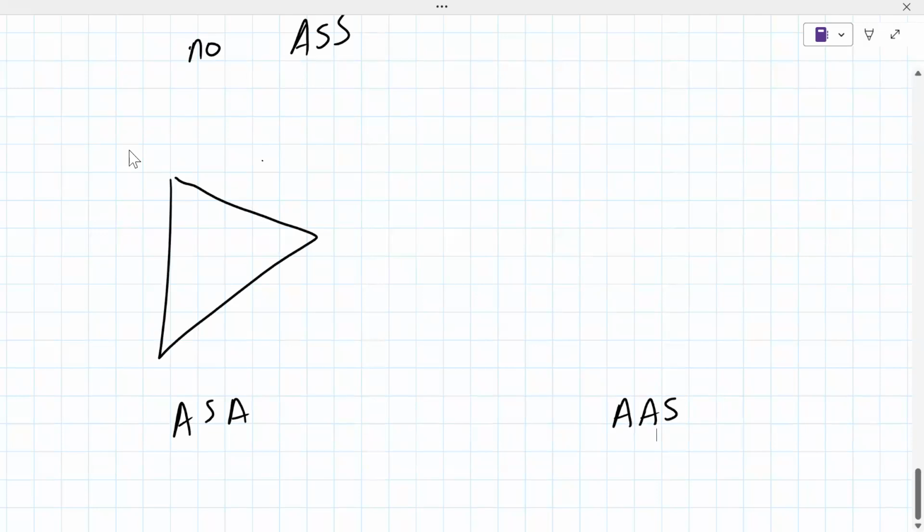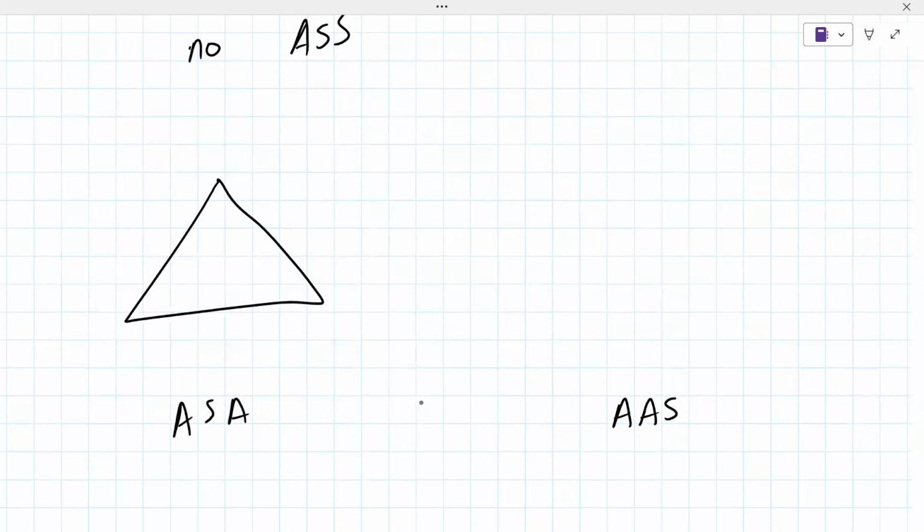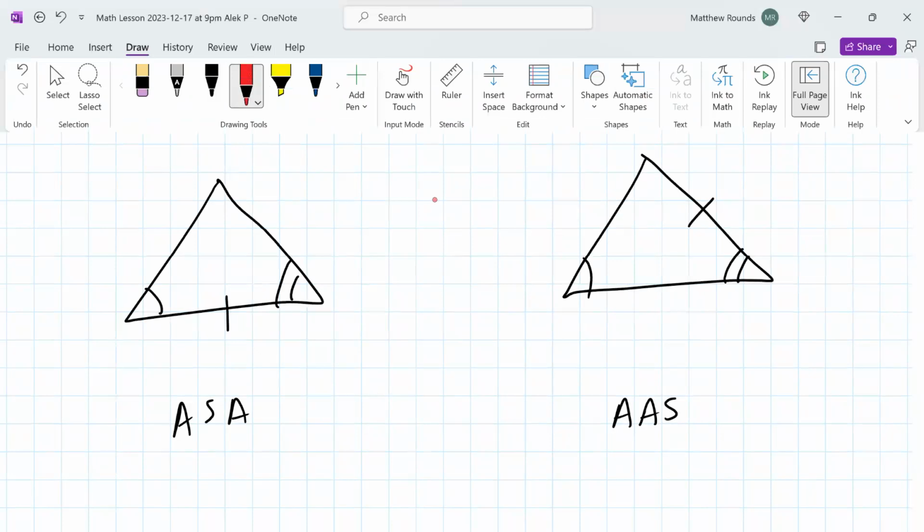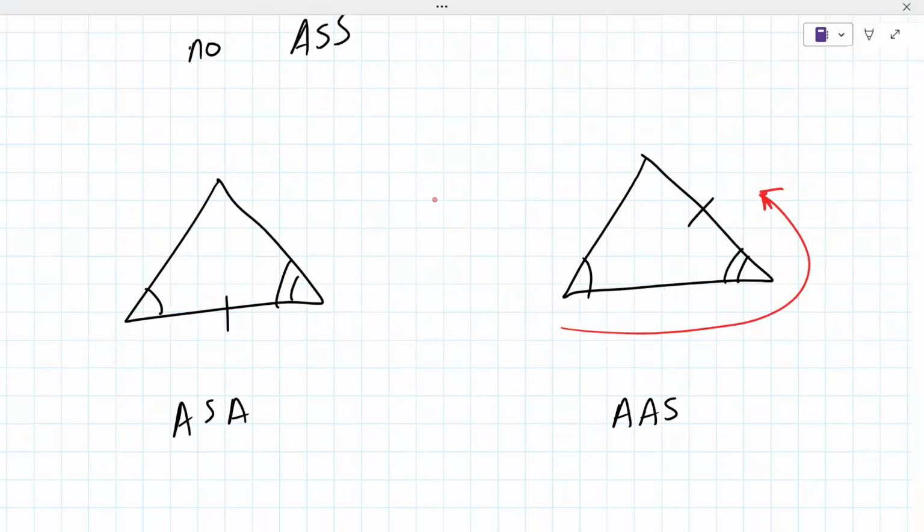Let me draw these slightly differently. I think that's what you're really asking, so let me try to clarify that. This is angle, side, angle. This is the side between the two congruent angles. This is angle, angle, side. There's a path. Now, your follow-up question might be, what if I wanted to start here, angle to angle?